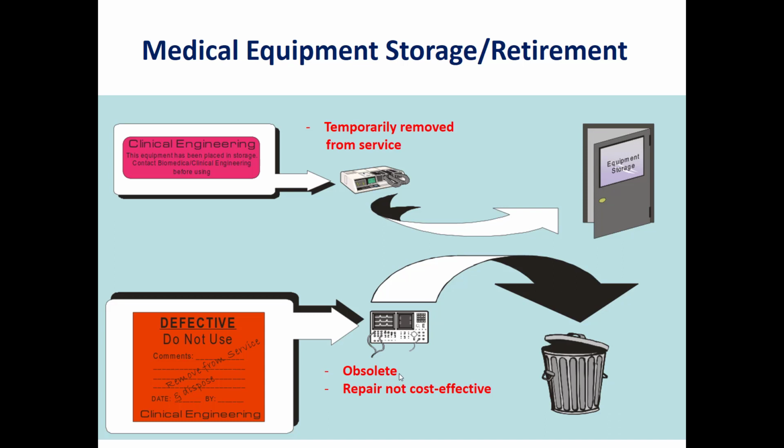So to recap, we need policies and procedures for each phase in the life cycle of medical equipment, and to organize the work within the clinical engineering department. We have made a definition of what a policy is and what a procedure is.